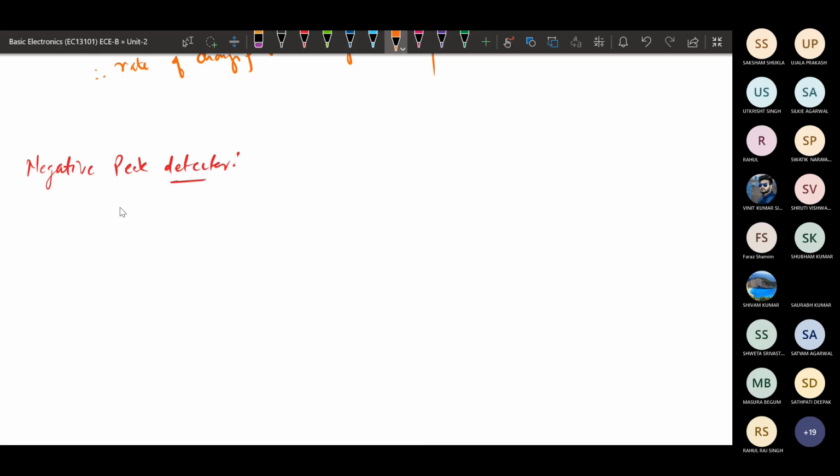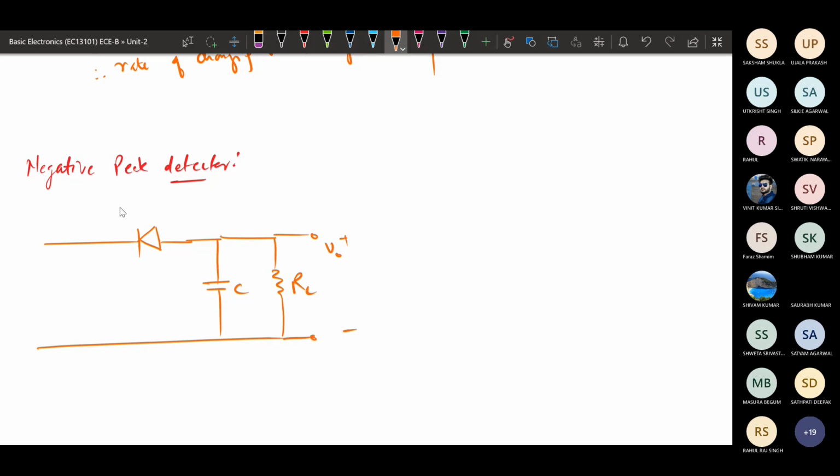So in the negative peak detector, the diode will be in the opposite direction. This will be the capacitor. This is the load resistance, and we are getting the output from here, positive and negative. Here the input is applied.